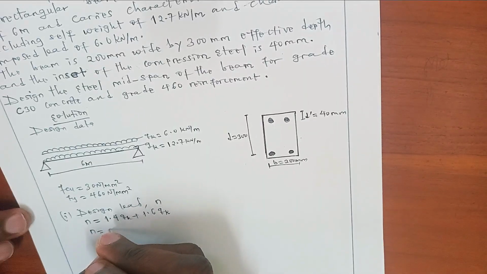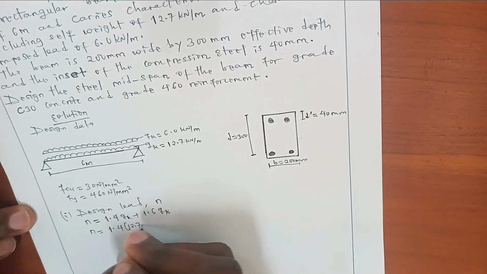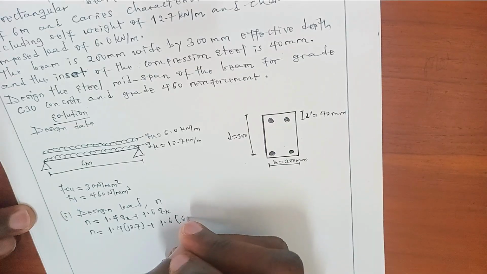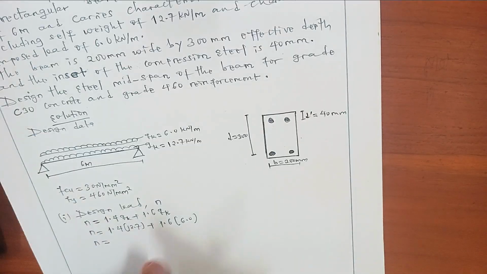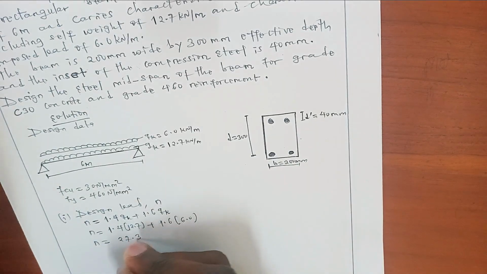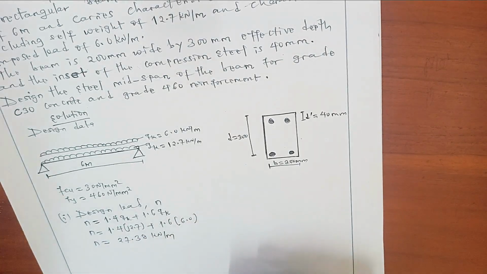Design load equals 1.4 times 12.7 plus 1.6 times 6.0, which equals 27.38 kilonewton per meter. This is the design load to be used in designing the beam.